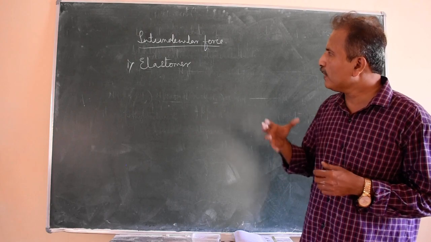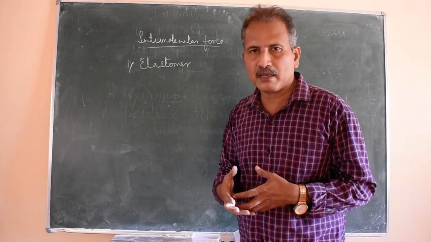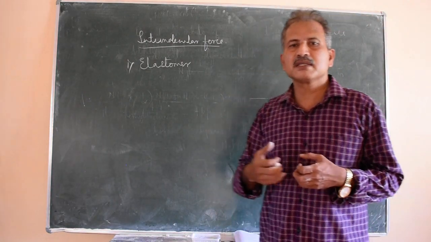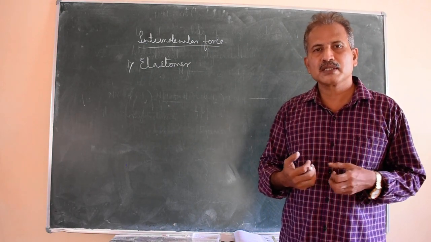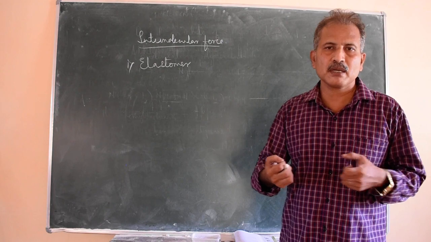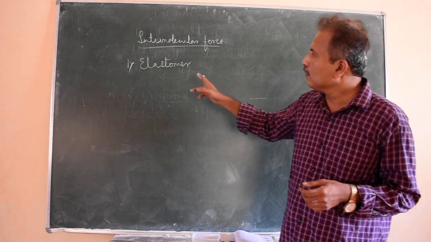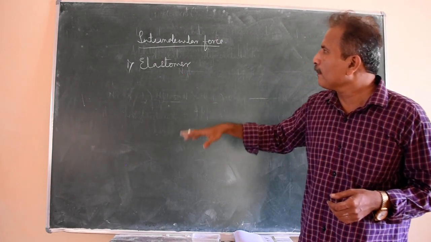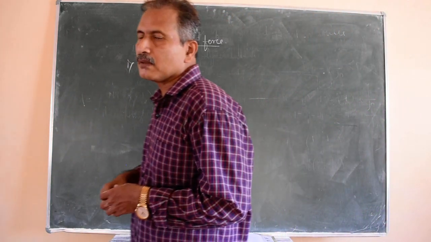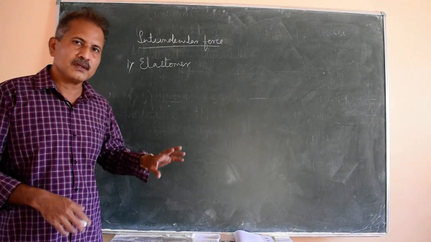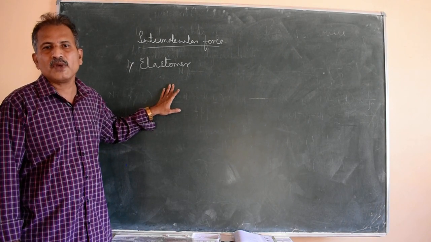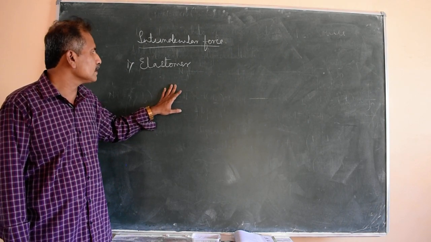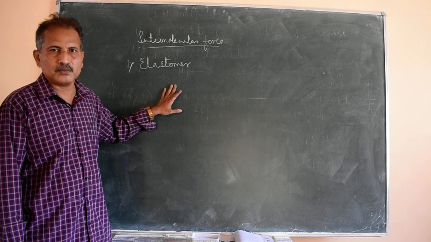Because of this weak force, they get the stretching property, or you can say qualities. You can stretch them a little bit. So they will stretch and come back to their original position. So all these polymers, if they have this quality, you should know that the force of attraction is not very strong. It is a weak force of attraction that exists in these polymers.